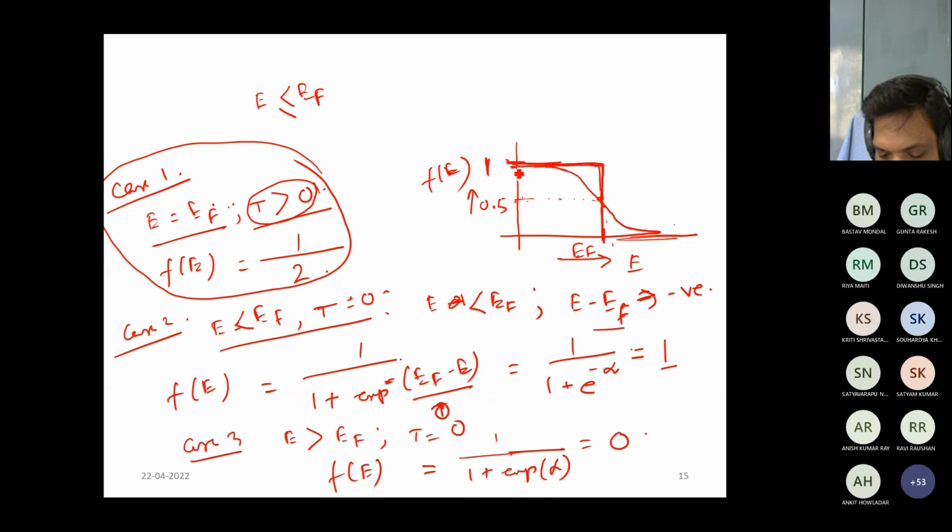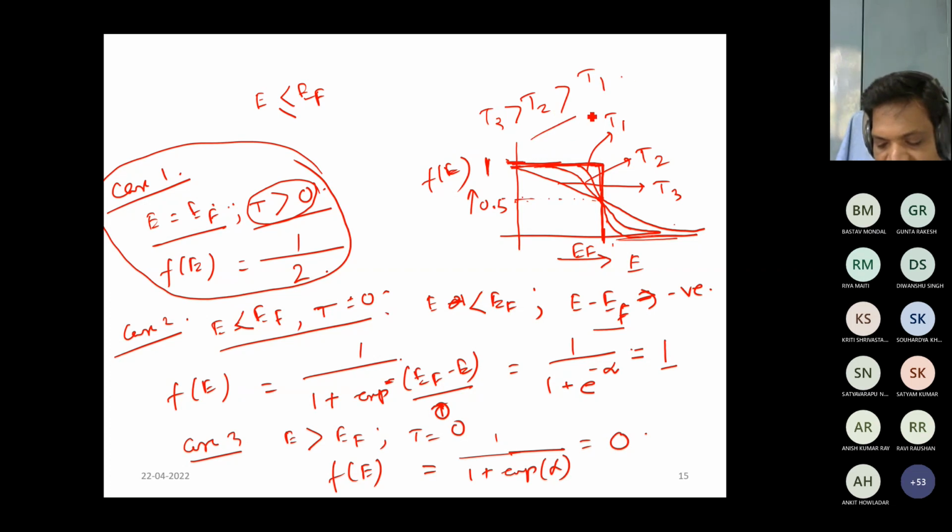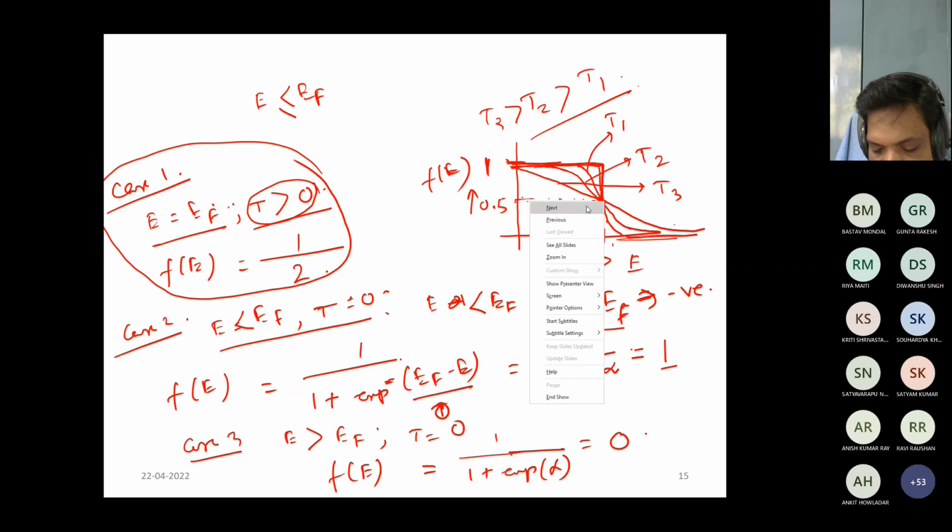Now if we increase the temperature, the distribution function will be like this. At lower temperature, fewer electrons will have energy greater than the Fermi energy. If we consider T1, T2 and T3, then T3 is greater than T2, which is greater than T1. And look at this here: at the Fermi energy, it always gives the probability half.